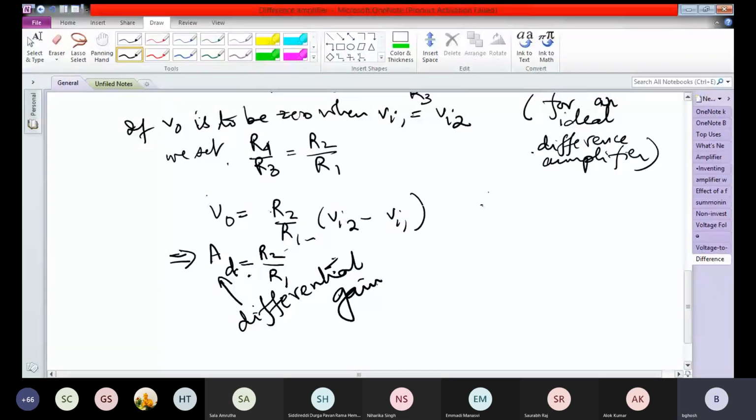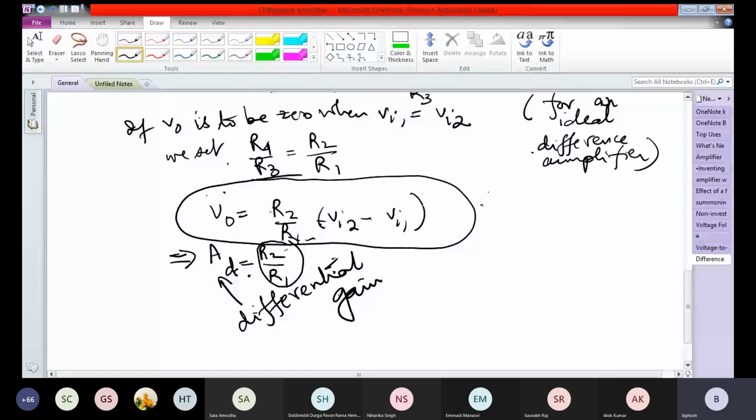So you see that it is dependent on the resistance ratios instead of AOD. There is no sign of AOD here. The differential gain is totally dependent on R2 by R1, so it is totally in my control. How much the output is amplified with respect to the difference between the two inputs is totally in my control.